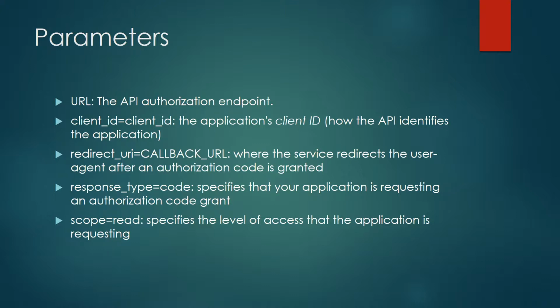Then we have the next parameter, which is the client ID. The client ID is the application's client ID. So basically, this is the ID of the application, the client, the third party. Then we have the redirect URI, which means the callback URL, where the service redirects the user agent after an authorization code is granted.